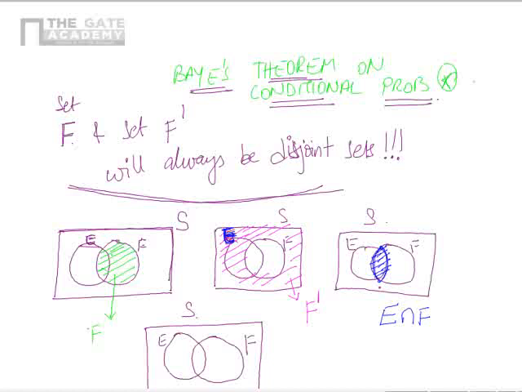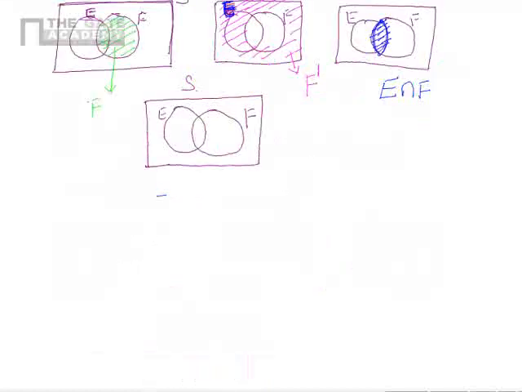Correct? This will be E intersection F. Then what will be E intersection F complement? F complement is what? Let me draw it with the yellow color here so that it's very light. F complement is this, correct?